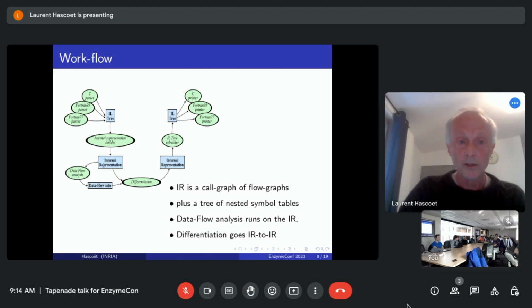All these are attached to the internal representation, which is then ready to go through differentiation, which builds another internal representation for the differentiated code. And then the rest is very easy. Well, not so easy, but it's very logical. From the differentiated internal representation, we go up to a differentiated IL tree, and then it is printed as C or Fortran code.